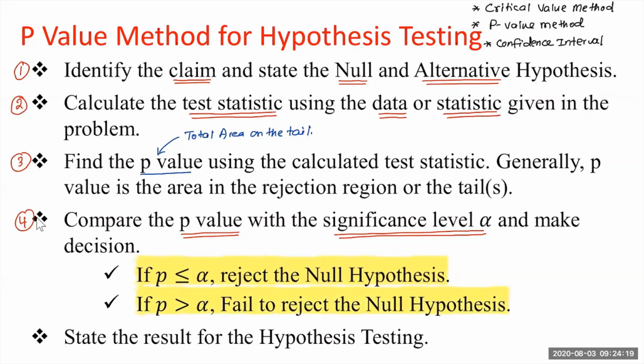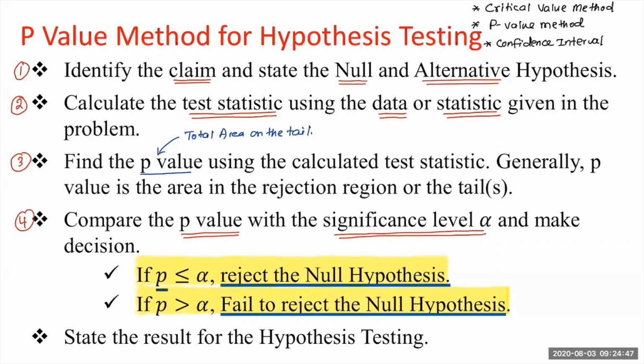So the fourth step is to compare the p-value with alpha, and then decide whether we reject the null hypothesis or fail to reject the null hypothesis. Compare the p-value and the significance level, and then mention whether you are rejecting the null hypothesis or failing to reject the null hypothesis.